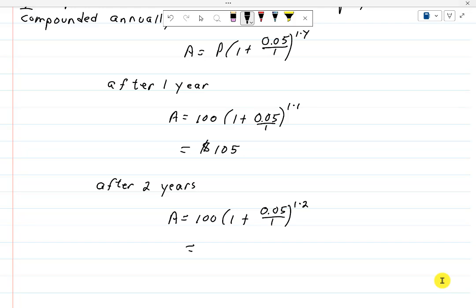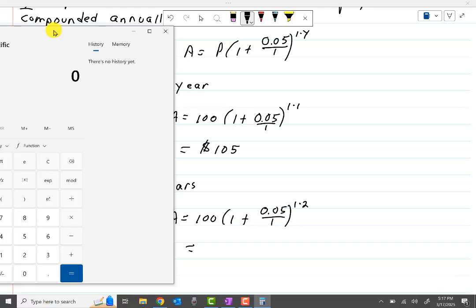Now this one I don't happen to know off the top of my head, so I'll grab the calculator for this. All right, let's see if I can do it on this calculator. 100, I'm going to start a parenthesis, 1 plus 0.05. I don't have to divide by 1, but I'm just going to do it to see how hard this is. Okay, so I've got the parentheses down.